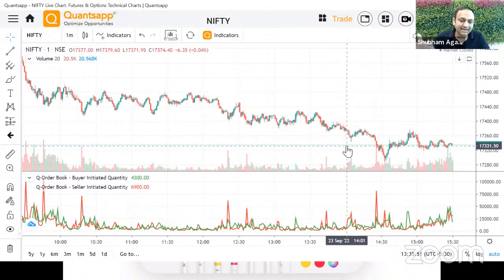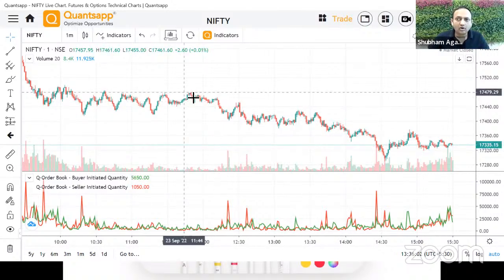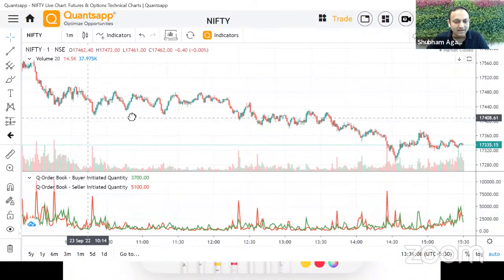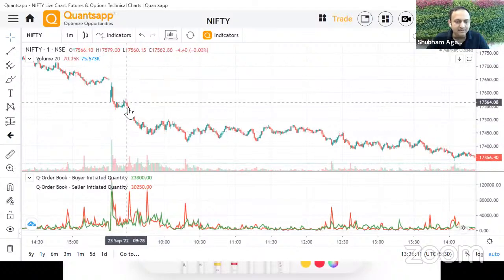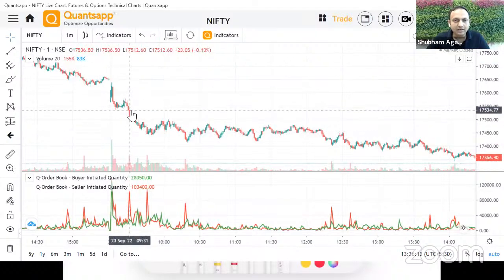Now, with the same thing, I can go and plot a futures chart, look at the indication, and then take an option trade based on these signals. That is also possible. Or I can do the same thing on the option price as well. So around this level, when the signal was there, 17,525 was the Nifty.